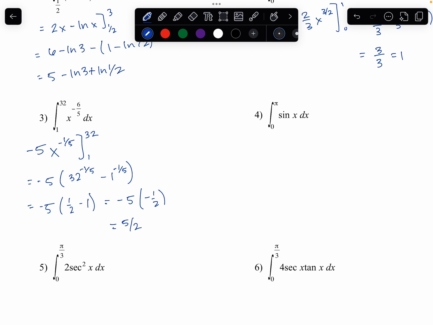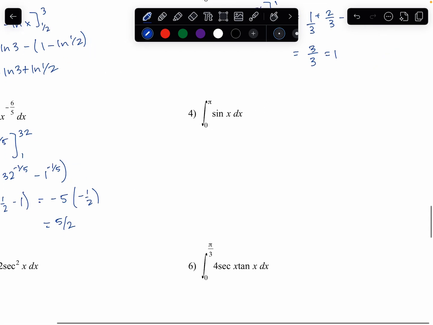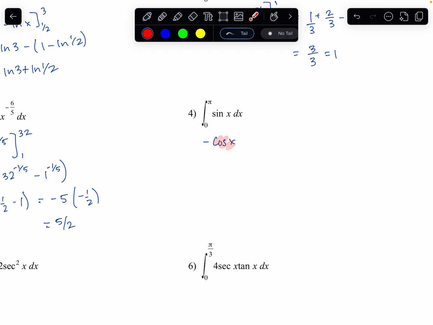Cool. Got a trig antiderivative here. The antiderivative of cosine, is that going to be negative cosine? Because the derivative of cosine is negative sine of x, and then times the negative that we have right here, which would turn positive. So negative cosine of x from 0 to pi.